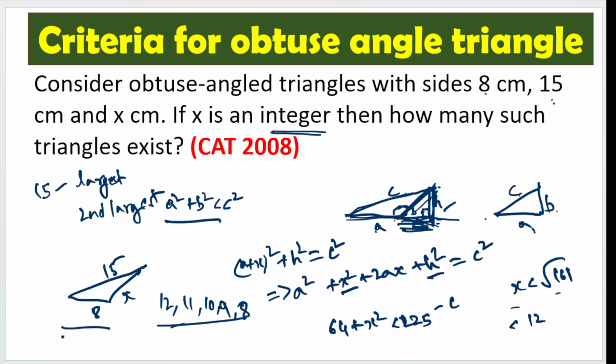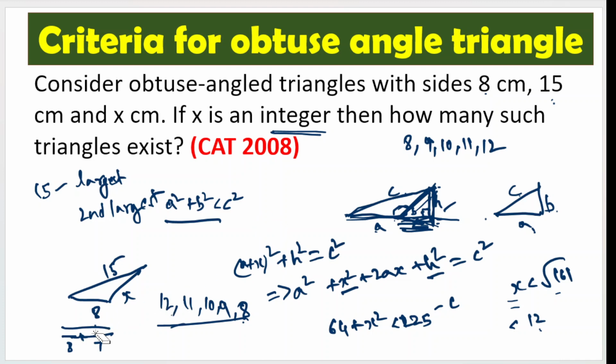Because once it becomes 7, this becomes 8, this becomes 7, and 8 plus 7 equals 15, so we cannot create a triangle. So until 8 it is possible, but max is 12, since x is less than root 161 and x is an integer. So x can be 8, 9, 10, 11, 12. This is one option, when 15 is the largest side.